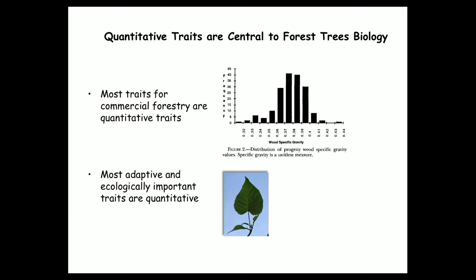So it shows continuous or quantitative variation, and the same thing would be true if you looked at yield, for example. Additionally, most adaptive and ecologically important traits are also quantitative. So the timing of bud set and bud flush, for example, would also show quantitative trait variation.